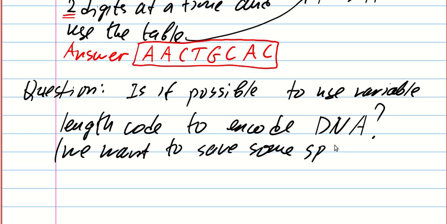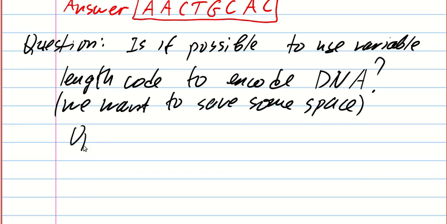And why do we do that? Because these DNA sequences are crazy, crazy long. And if you store a lot of them, it takes a lot of space in the computer. So the idea is to save some space. One possibility we can use is this kind of code.